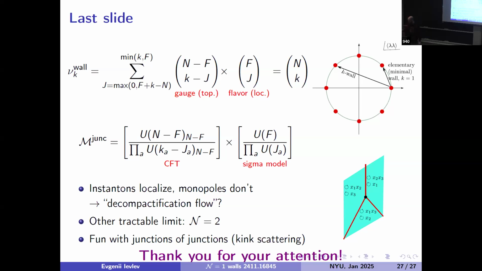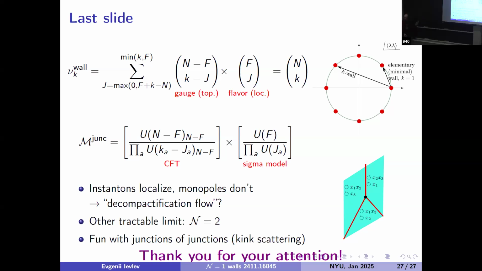I didn't have time to explain, but we also studied the junctions of multiple domain walls in this area. There were a few papers, for example by Gaiotto and others, which studied these domain wall junctions in pure Yang-Mills. So in pure Yang-Mills with no quarks, junctions between two walls are impossible, but you can form junctions between multiple walls, like that, for example.